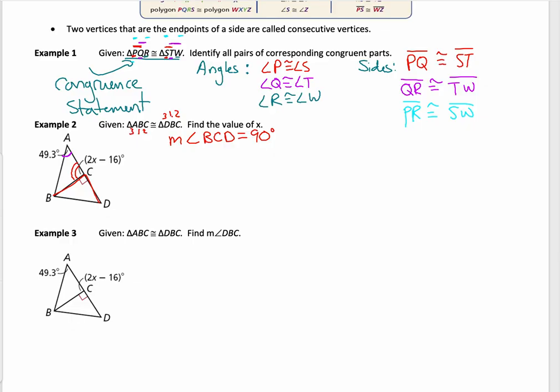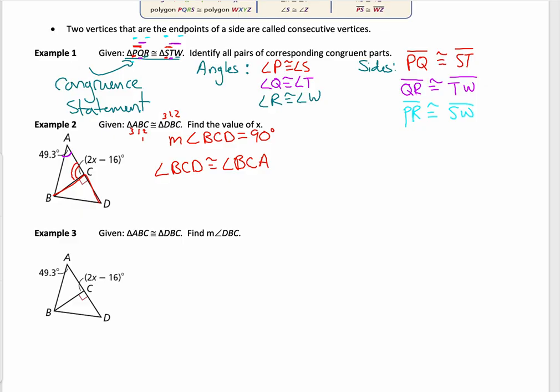I'm looking at the names, the second letter, then the third letter, then the first letter. If I follow that in the other half of the congruence statement, the second letter B, the third letter C, and then the first letter A, this must mean, based on the congruence statement, that angle BCD is congruent to angle BCA. And again, I'm doing that based on the order of the letters in the congruence statement.